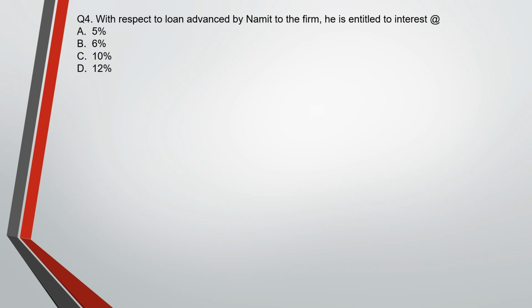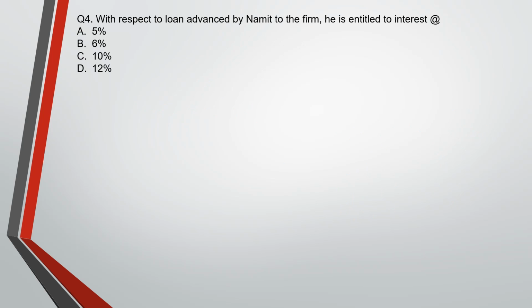Now, in respect of a loan being given by a partner to the firm, you should note that if there's a partnership deed and there is an agreement as to interest to be given to the partner for the loan he has given to the firm, then that interest would apply. However, when they gave all the detail in the case, they have not specified anything about entitlement to interest, which means in the partnership deed, the interest is not available.